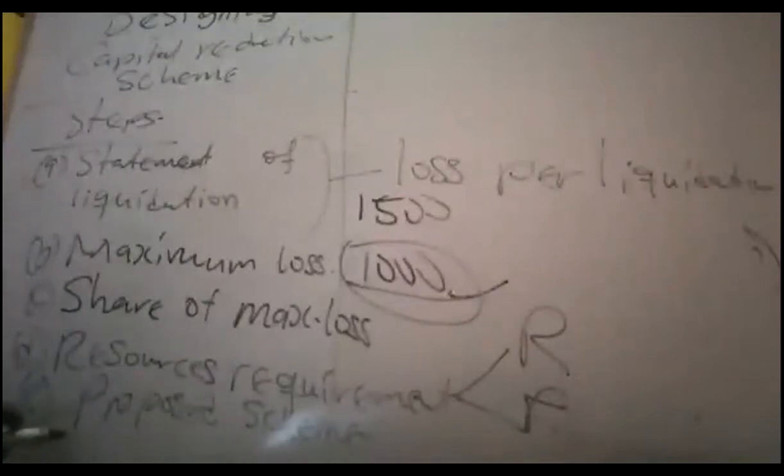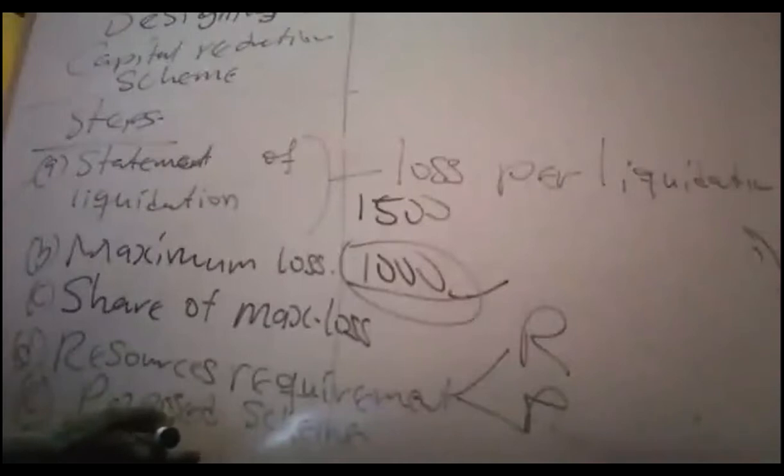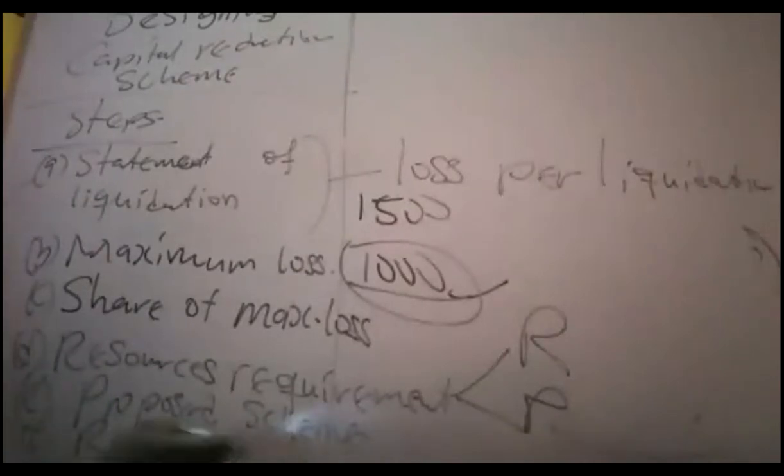So the last one, take notes, we call it resultant. It is the result of the scheme. How would the financial position look? That's why we call it the resultant statement of financial position. Then you are done.